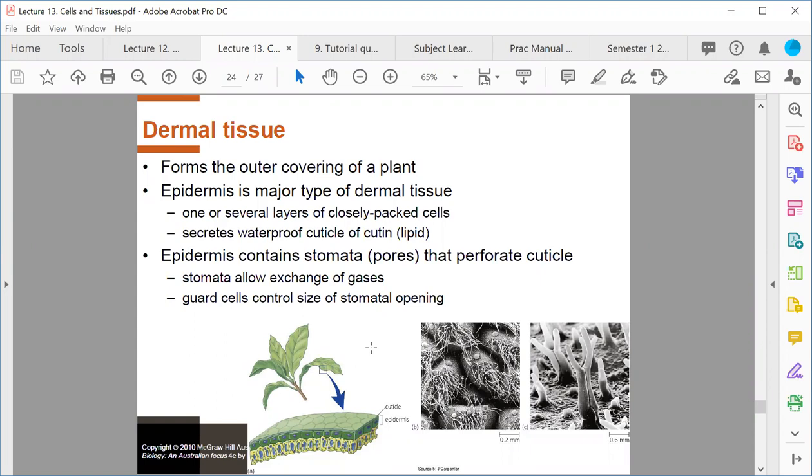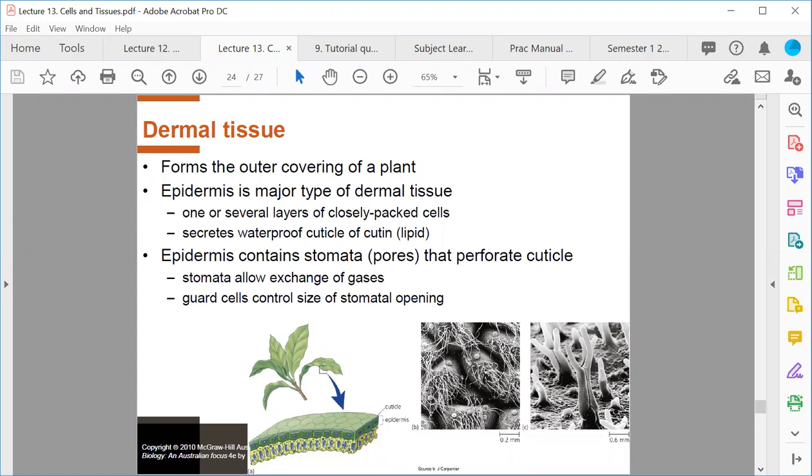To facilitate that, the epidermis contains tiny pores called stomata, which are not shown here. Those pores are surrounded by two specialised epidermal cells called guard cells. The two guard cells control the size of the stomatal pore opening, and it is through these pores that the exchange of gases takes place.